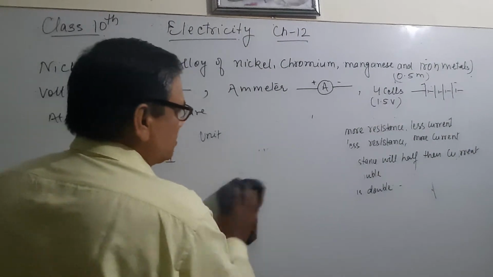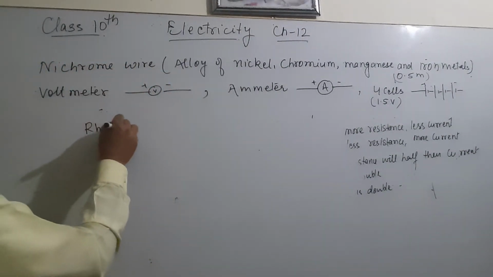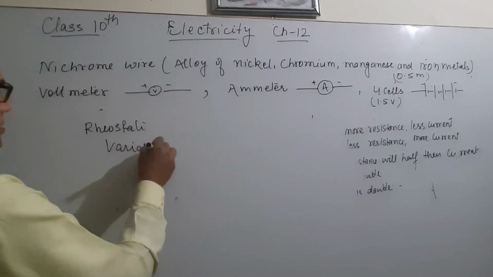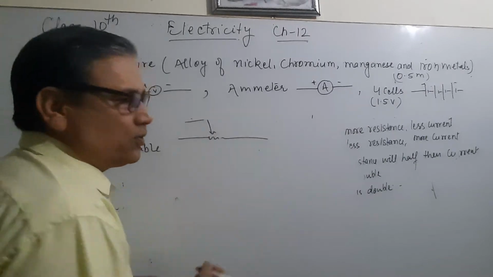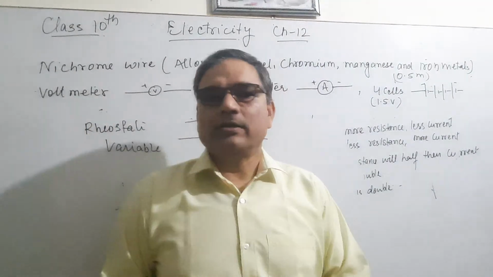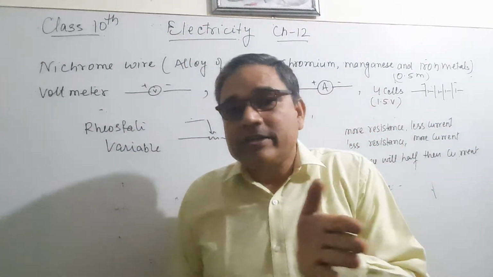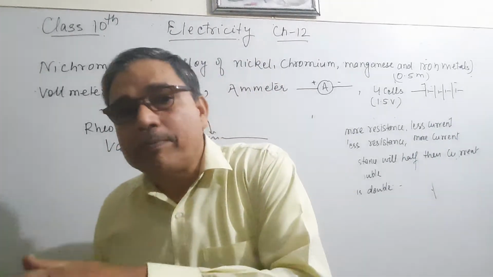We generally use a component, the rheostat, or variable resistance, and the symbol you know very well. A rheostat is a variable resistance, meaning it may change a small amount of current at a constant potential difference.